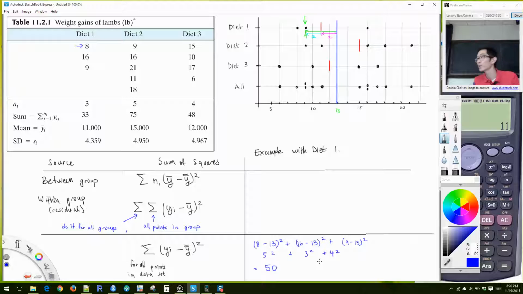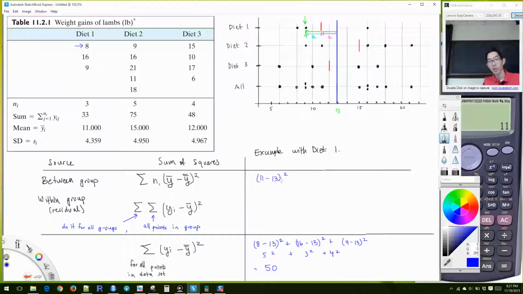So far so good? Okay. Now let's do how much of this total sum of squares can be attributed to the fact that the group was different. If we look at each data point, the group's mean is 2 away from the grand mean, right? The group's mean is 11 and the grand mean is 13.